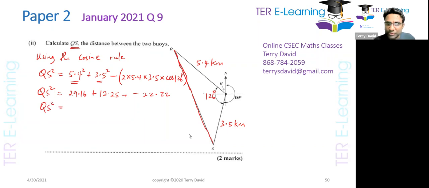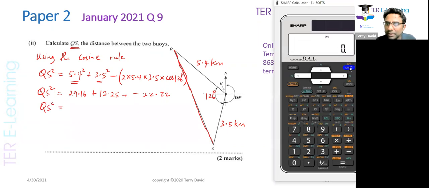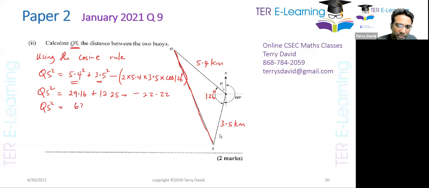So therefore QS squared, we're going to just use the calculator to work that out now. So that is 29.16 plus 12.25. You have two minuses coming one after the other, so that's going to become a plus. So plus 22.22, and you're going to get 63.63. So therefore QS is equal to the square root of 63.63.